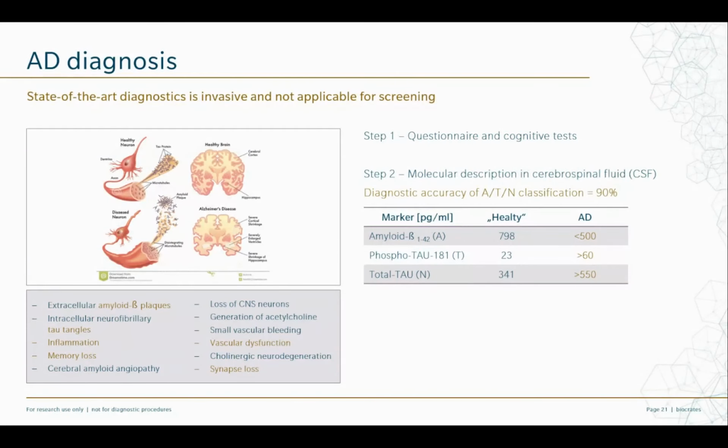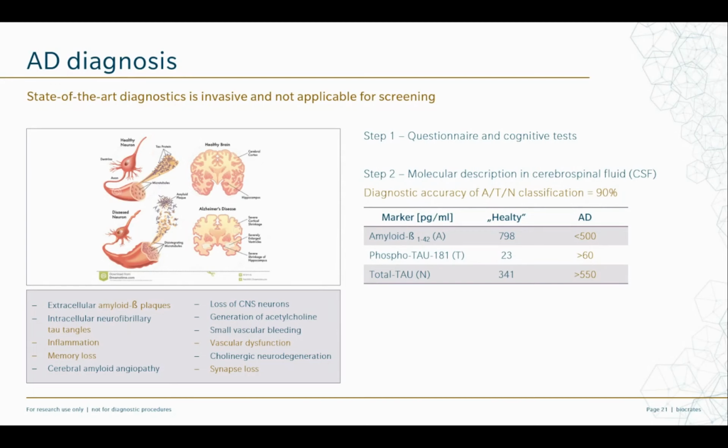So today, Alzheimer's disease is diagnosed basically in two steps. First, questionnaires and cognitive as well as physical tests are conducted to assess a person's health status and medical history. In a second step, molecular description based on 3 parameters is recommended. These are amyloid beta, hyperphosphorylated tau, and total tau, together also known as the ATN classification.